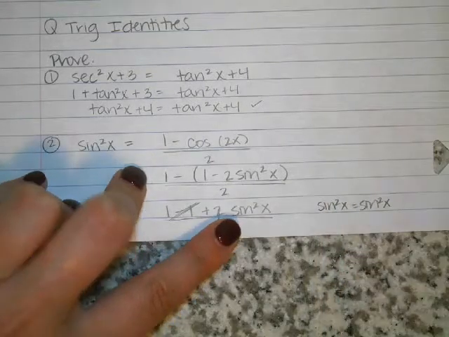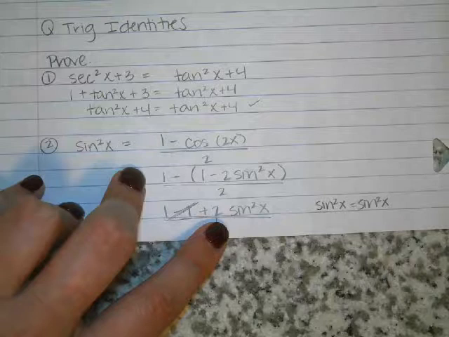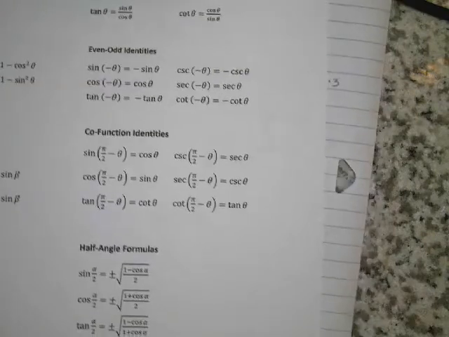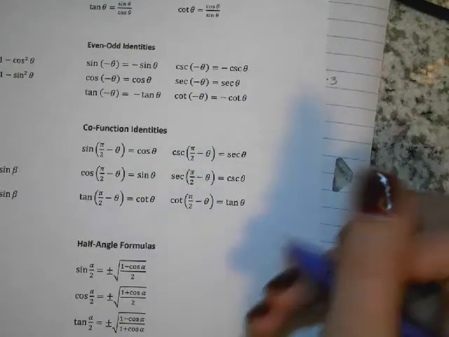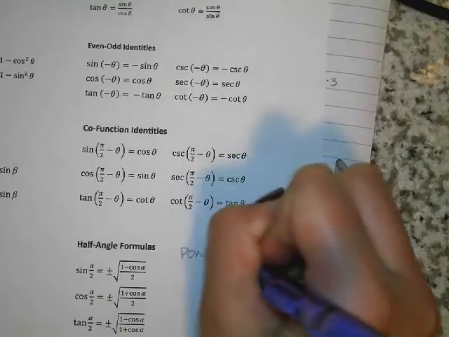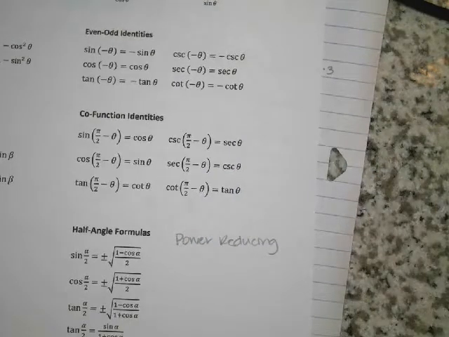And this is actually a specific identity on its own. It's just not one that we study in pre-calculus. So I'm going to have you add that to your resource page if you printed it. If not, add it to your summer assignment packet. This is called a power reducing identity.